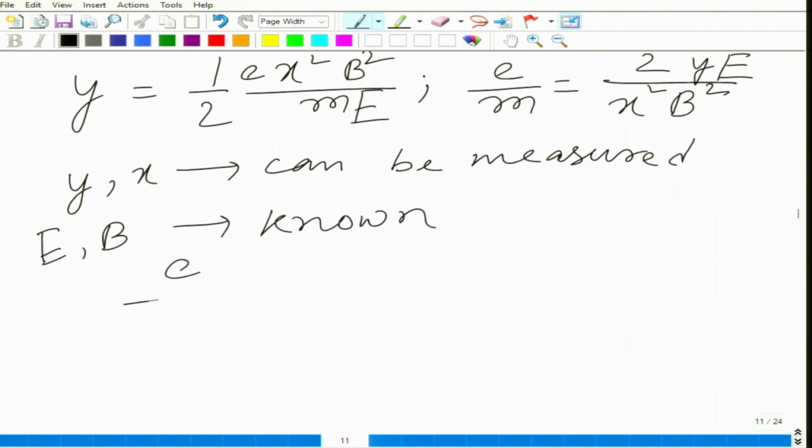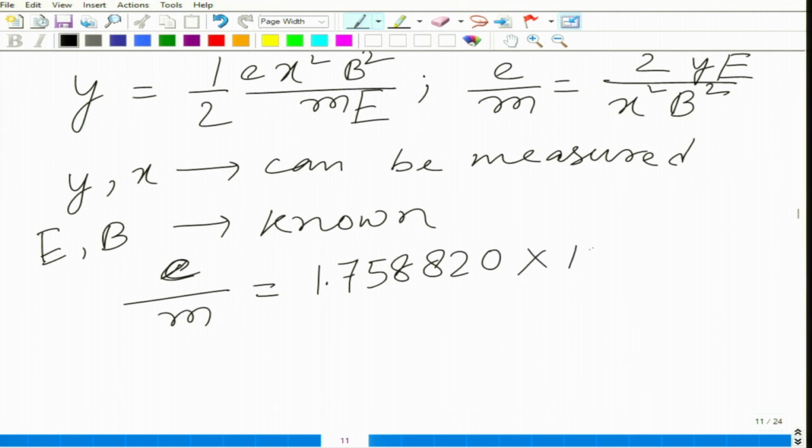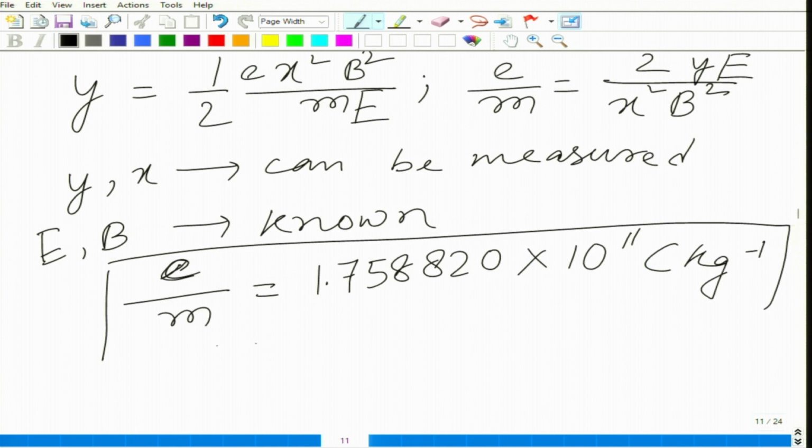From there we get the charge to mass ratio of electron, which is calculated as 1.75880 into 10 to the power 11 coulomb per kg. So this is the charge to mass ratio of an electron.